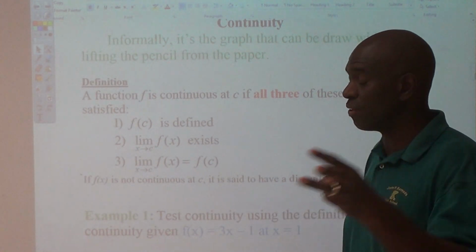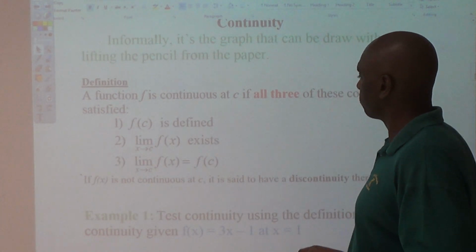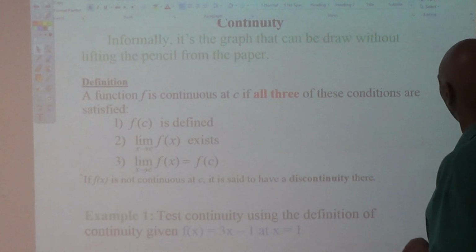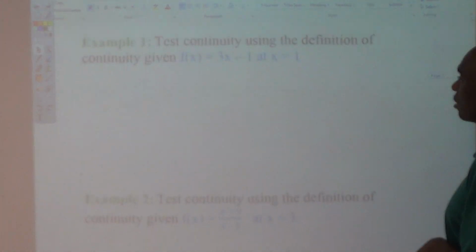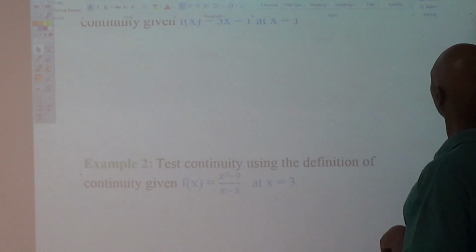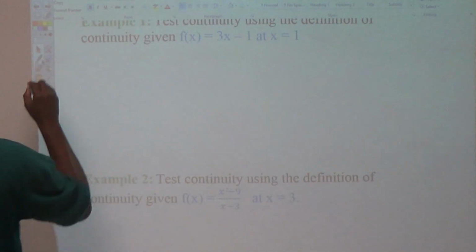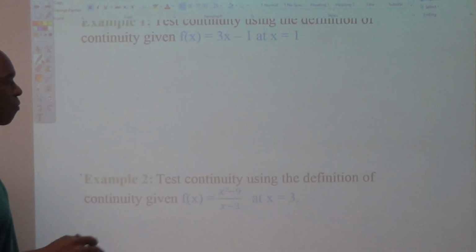If these three conditions exist. All right, example 1. Let's take a look at example number 1 here. All right, so first, let's see if this is continuous.